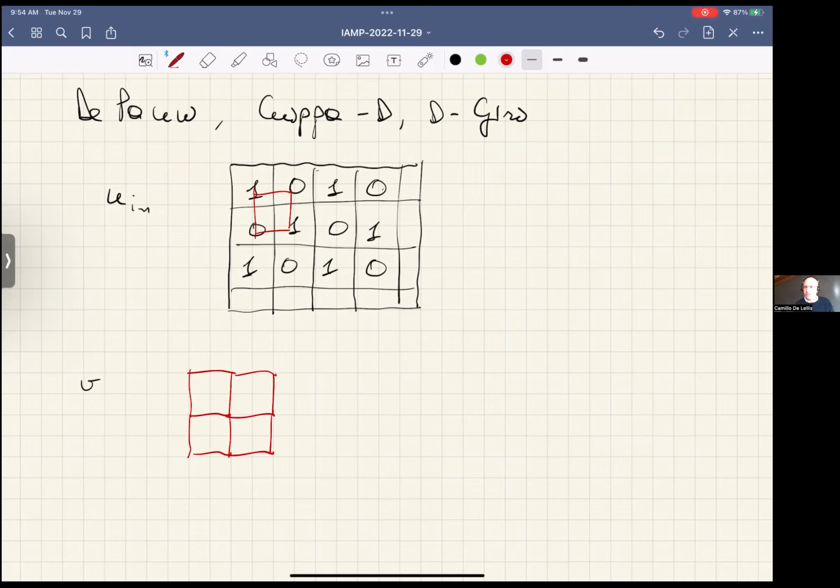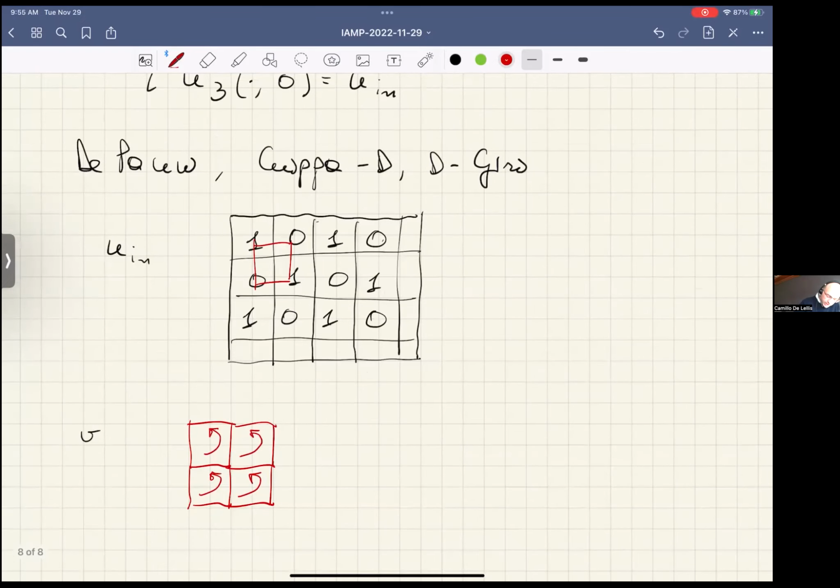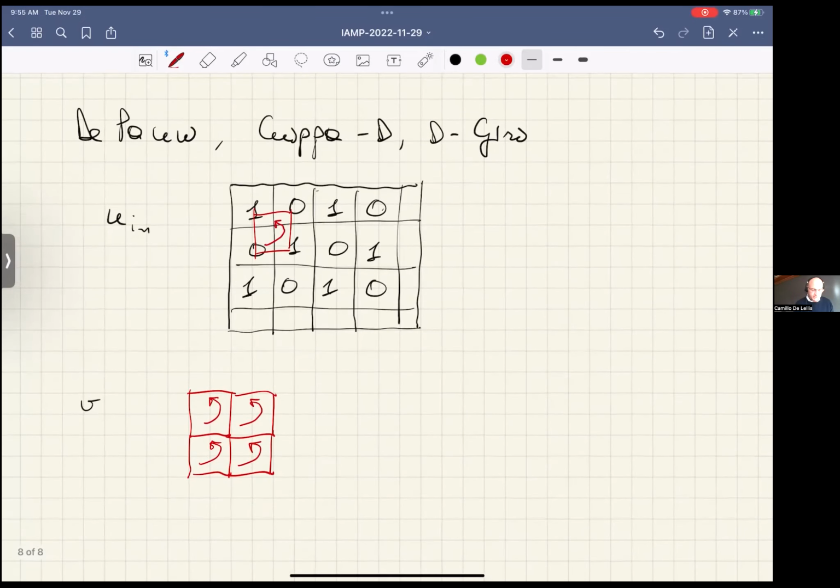Apply a vector field which is rotating the square by 90 degrees. So here there's going to be a vector field, which you can explicitly write, which rotates each red square by 90 degrees.